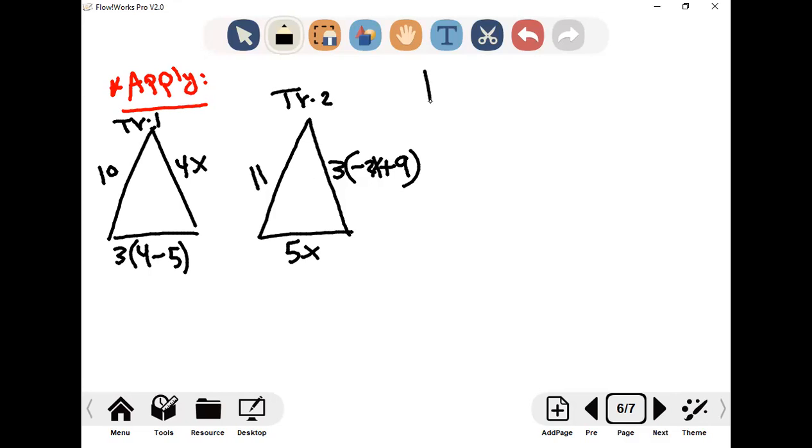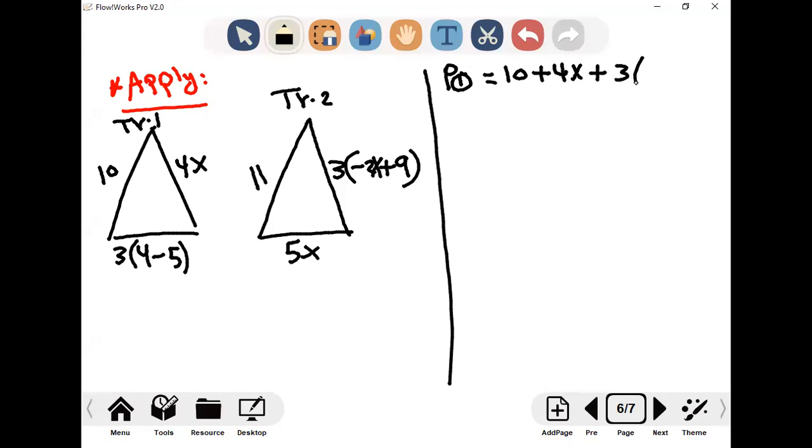Let's find the perimeters. Perimeter 1 means the perimeter of triangle 1. We said to find the perimeter you add the sides. So we have 10 plus 4x plus 3 multiplied by (4x minus 5).